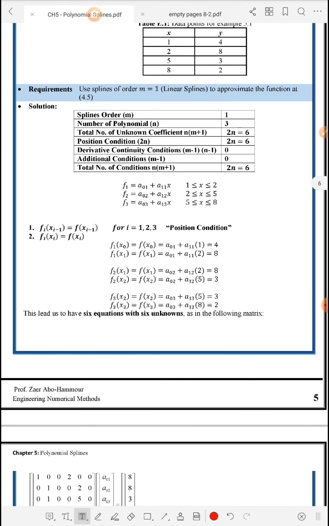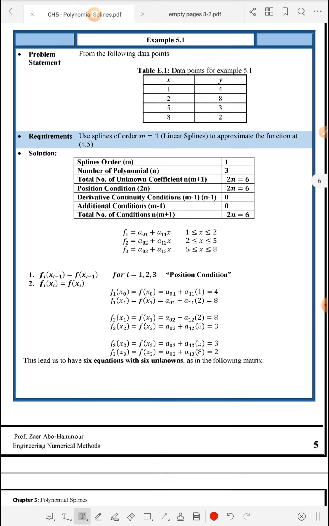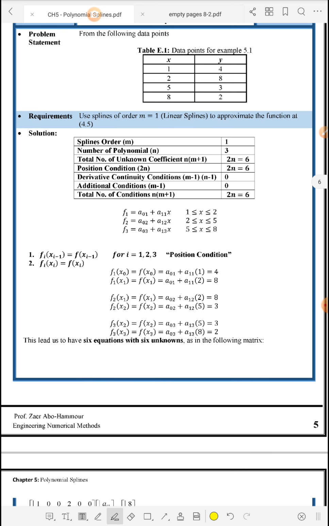Okay, here in the examples, in the first example we have given data points, which are 4. We have 4 data points. So what is the number of splines? They are less than the number of points by 1, and as a result they are 3.